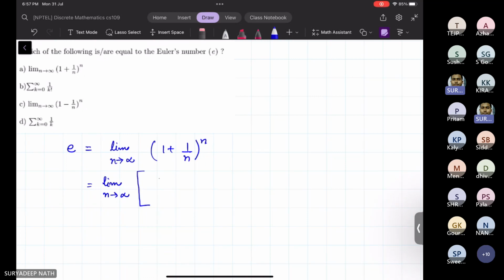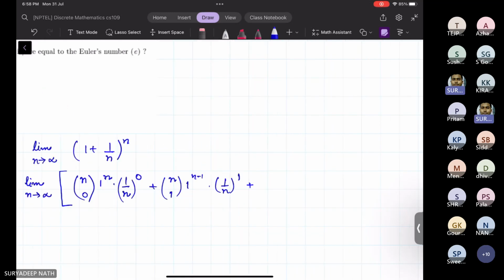So you have n choose 0, 1 to the power n, and 1 over n to the power 0, plus n choose 1, 1 to the power n minus 1, 1 by n to the power 1, and like this if we go on. So n choose 2, 1 to the power n minus 2, and 1 by n whole square. It's an infinite series.